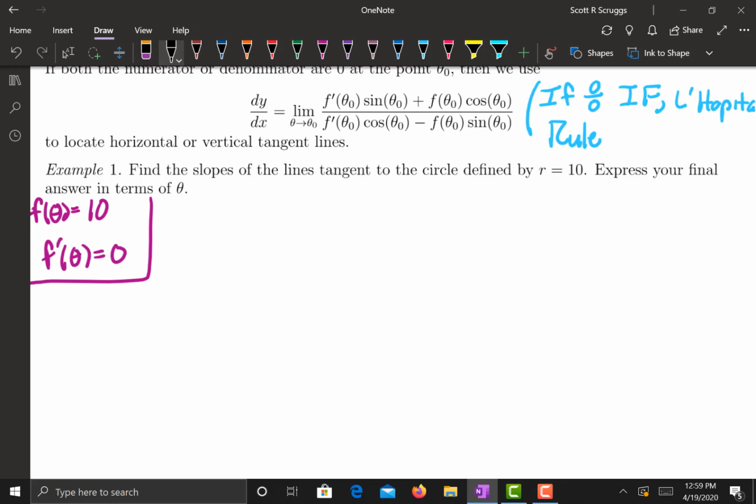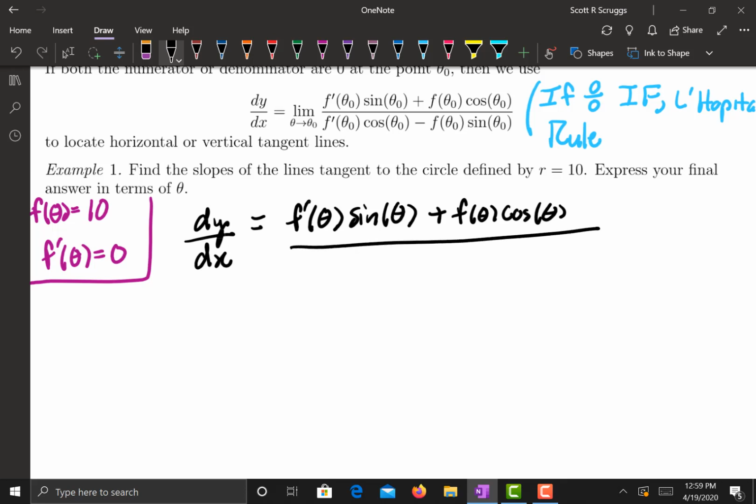Alright, so let's go ahead and plug that into our first derivative formula for polar functions. So f prime of theta times sine of theta plus f of theta times cosine of theta, divided by f prime of theta times cosine of theta minus f of theta times sine of theta.